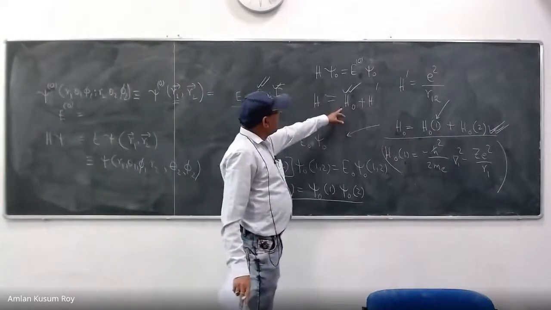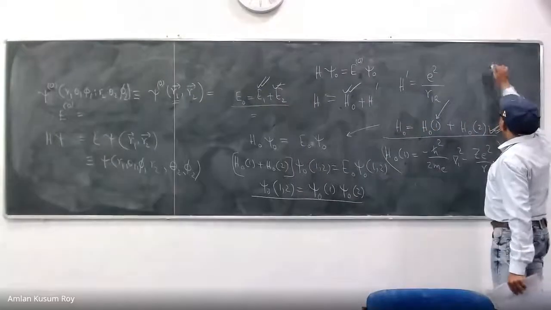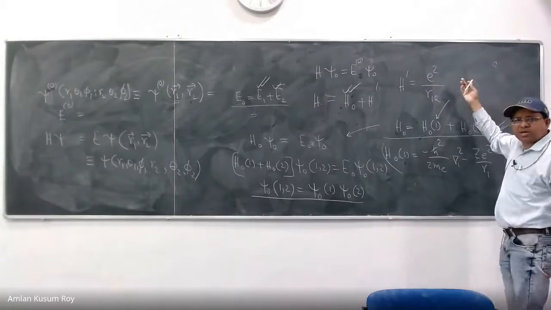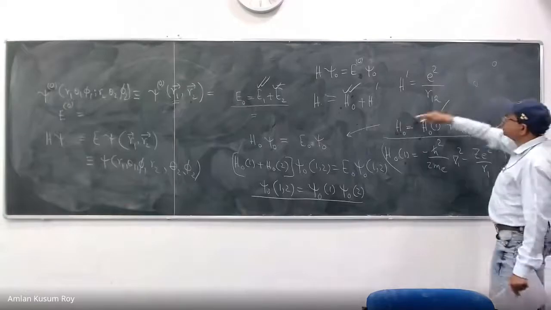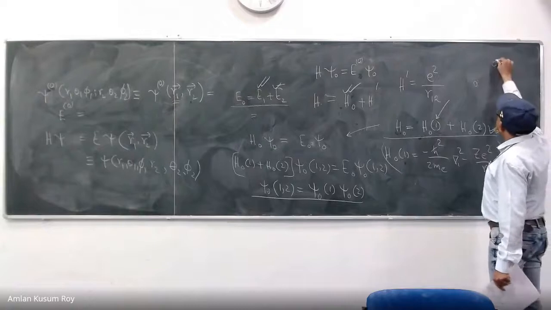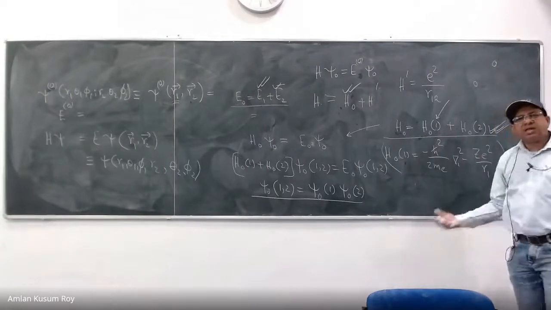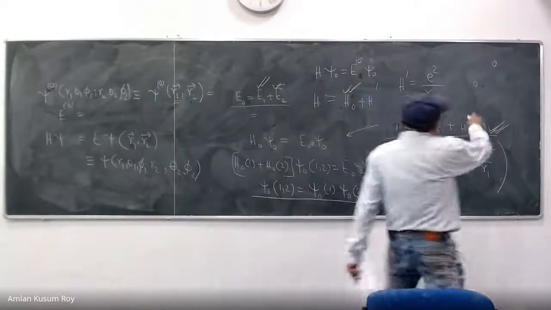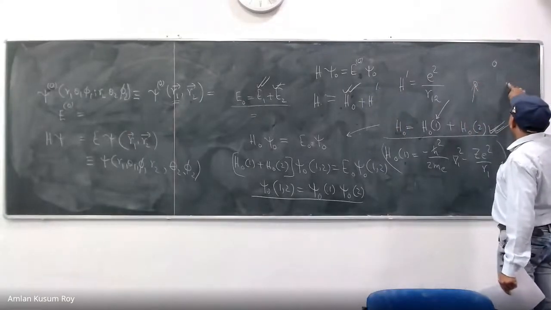But H0 has no meaning. Equations are useless objects until you put words into them. What is the meaning of this equation? H0 is describing a system of two electrons, but nothing else. H0 means the kinetic energy of this electron and minus Z e square by R1.